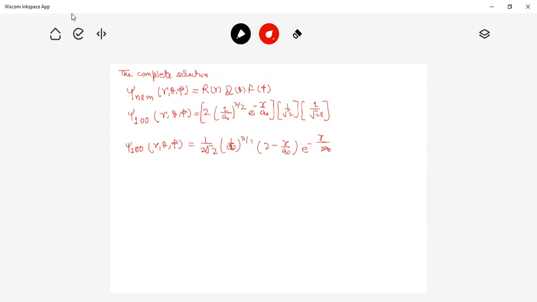This is the radial part, and here it is 1 by under root 2, and this is 1 by under root 2 pi. This is the azimuthal part.